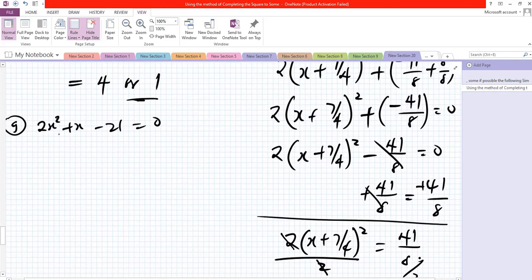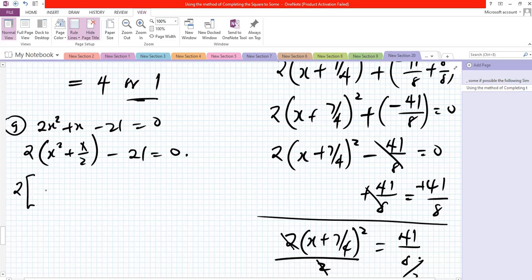Now using the completing the square method, first we'll make the coefficient of x squared 1. So you say 2 divide 2x squared will give you x squared. 2 divide plus x will give you, completing this square, you just say x, you take this sign plus.